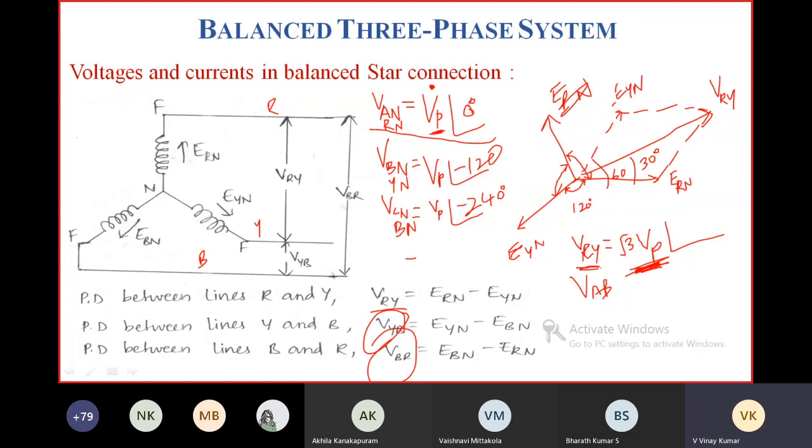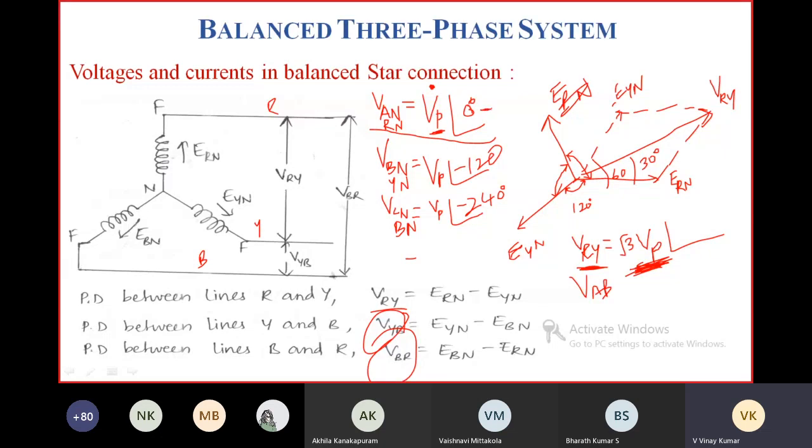Then VRY is line voltage, right? Which is equal to root 3 times the magnitude of phase voltage. Coming to phase angle, from this phasor diagram we came to know that line voltage leads phase voltage by an angle 30 degrees.